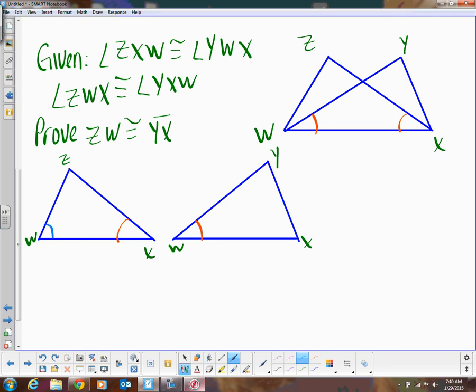So ZWX, and where is YXW? On the right. If I look in this picture, ZWX is this great big angle, and YXW is this great big angle. Do you see where that gets to be a little bit confusing? So we've got the fat angle and the little angle.